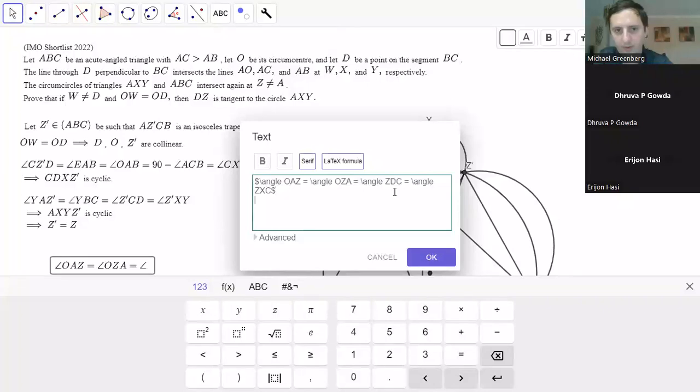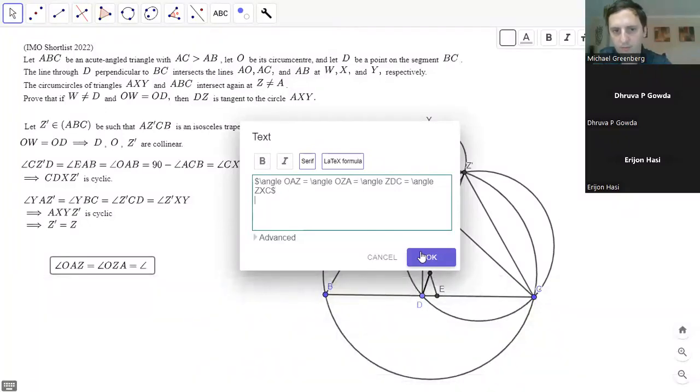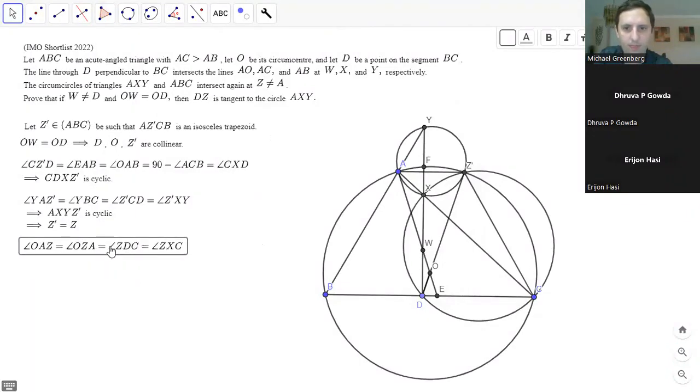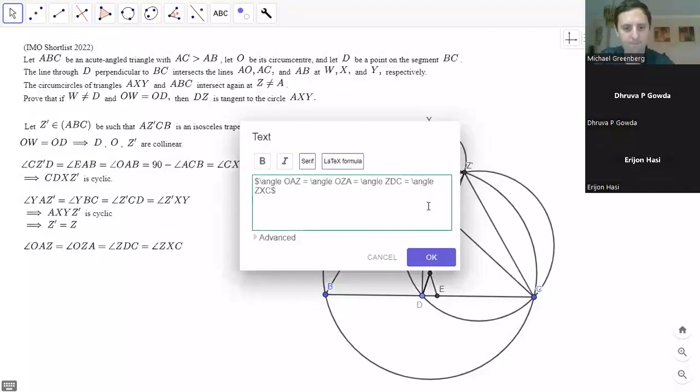And that implies that OA is tangent to the circle. Or I'll say DA is tangent to AXY. Implies DZ is tangent to AXY by symmetry.